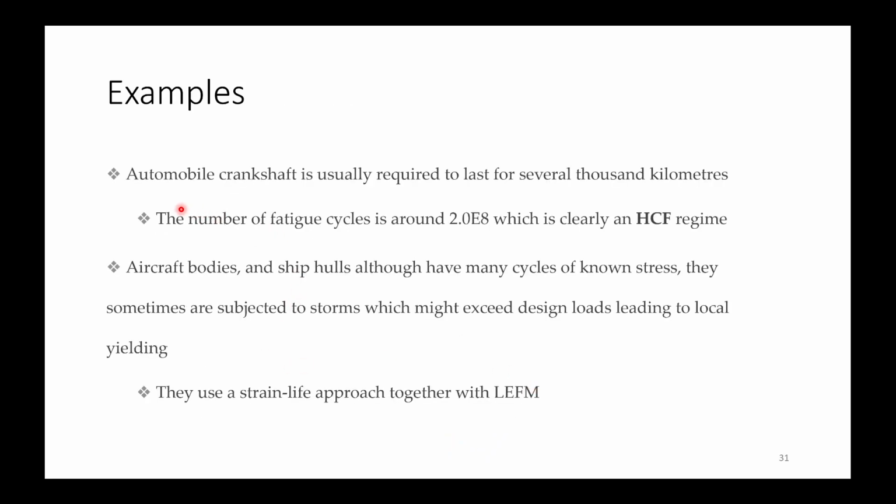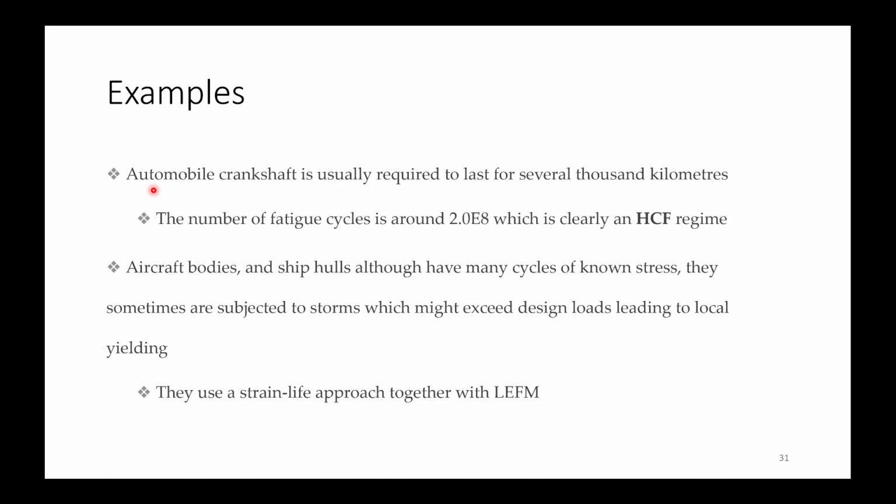Now, examples for this: an automobile crankshaft is usually required to last for several thousand kilometers, and the number of fatigue cycles is around 2 multiplied by 10 to the power 8, which is clearly a high cycle fatigue regime.